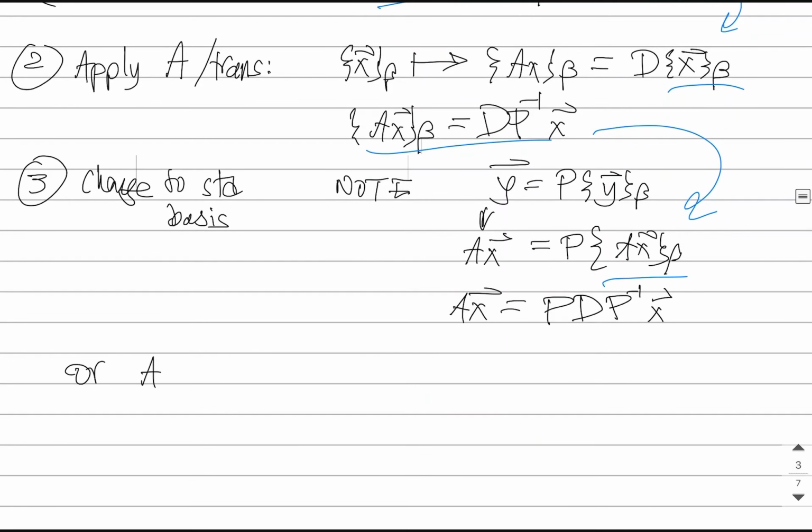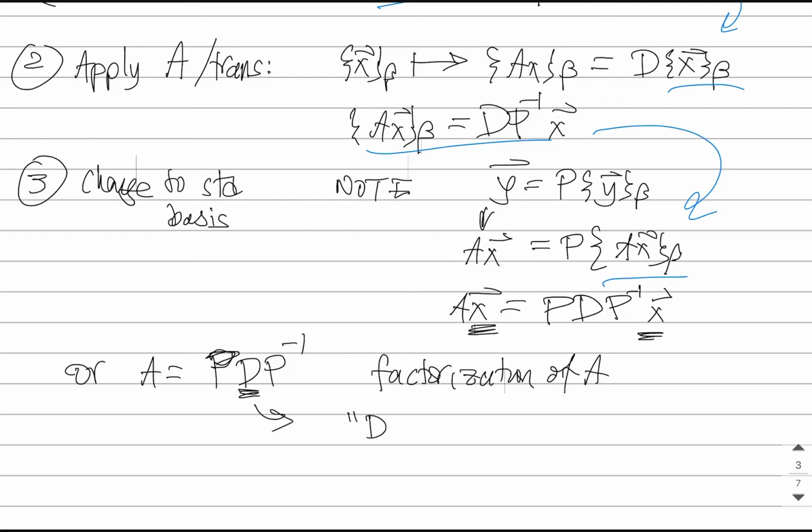Now, another way to put all of this is that these X's are the same, so I have just found another way to represent A. This is a different factorization of this matrix A. Now, this factorization is special. It has a diagonal matrix in the middle.